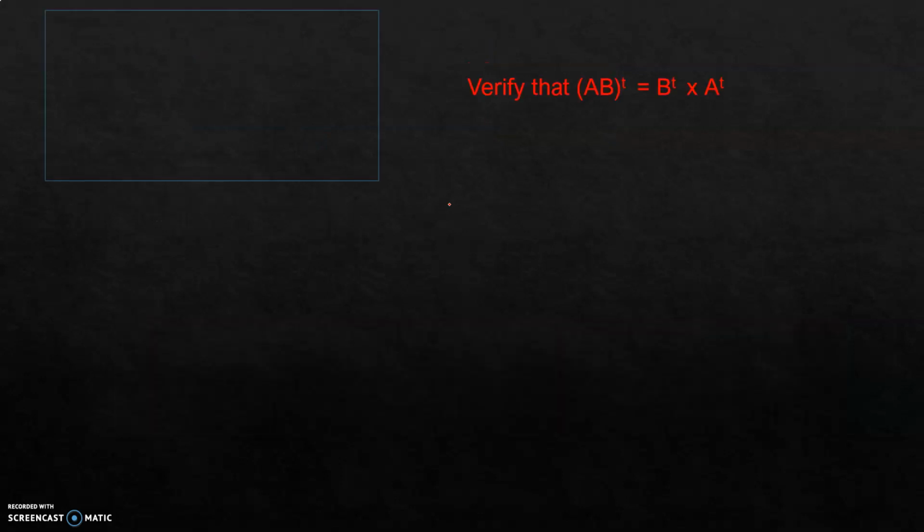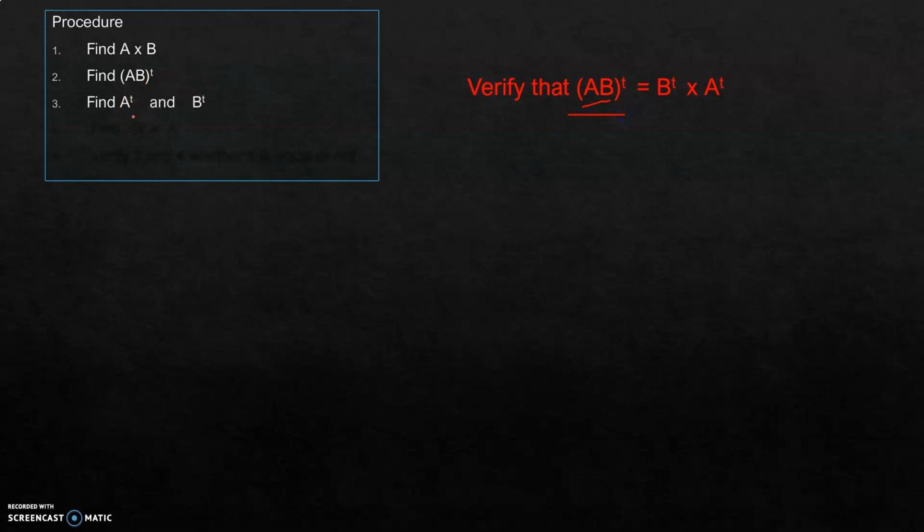Before starting the question, let's check what things we need to do. First, we need to find A into B, that is AB. Second, we need to find the transpose of AB. Then only the first part can be calculated.